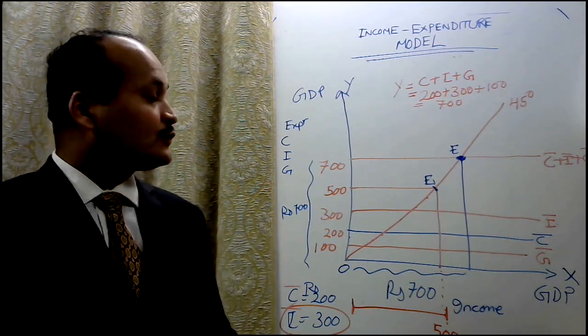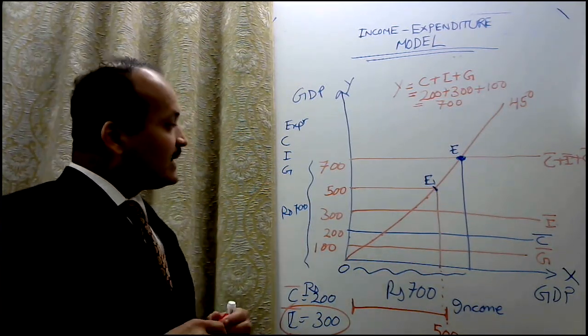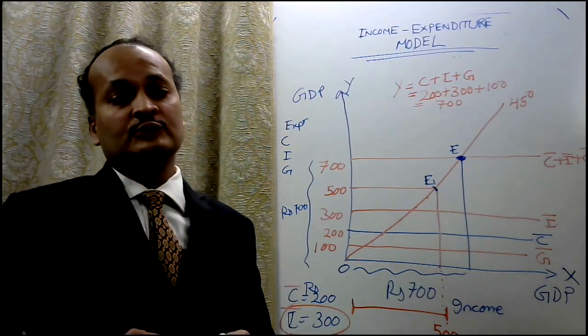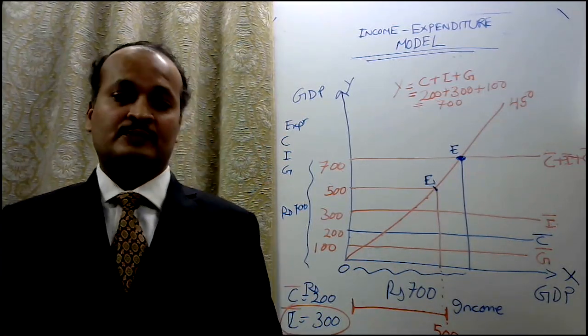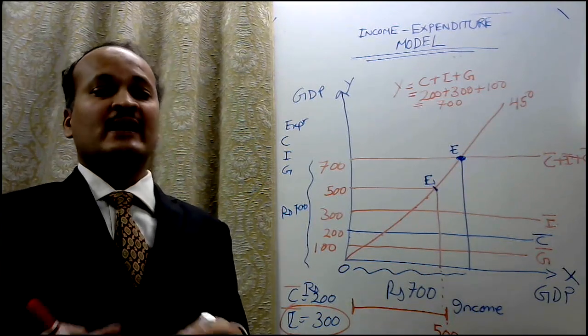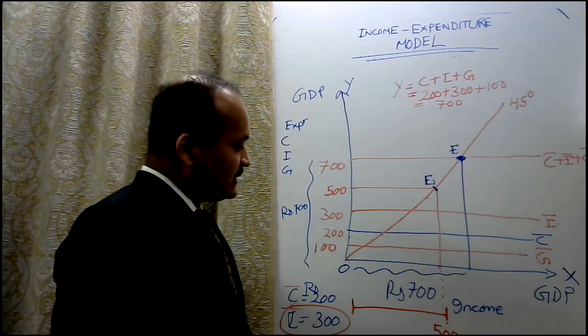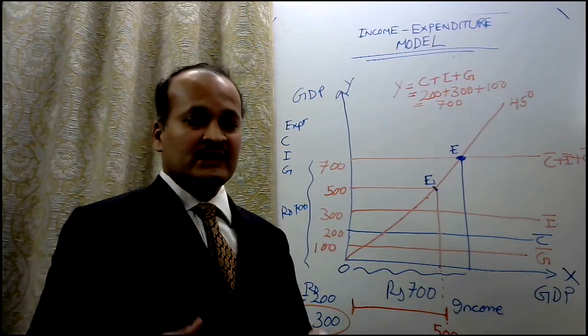When that happens, as a producer, what is the signal to you? The signal is, because sales are picking up faster, I need to expand my production. And when production is expanded, what happens? More income is generated in the production process.